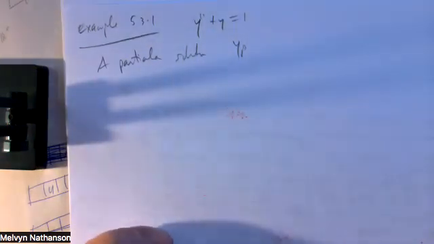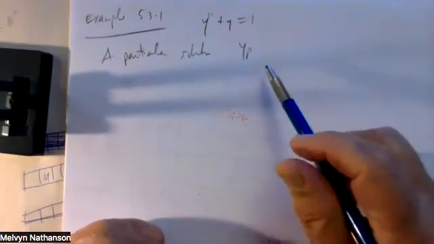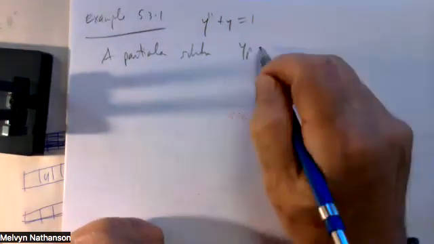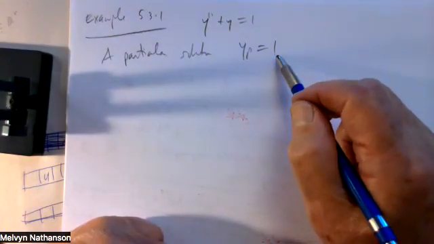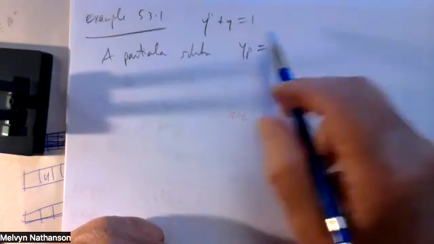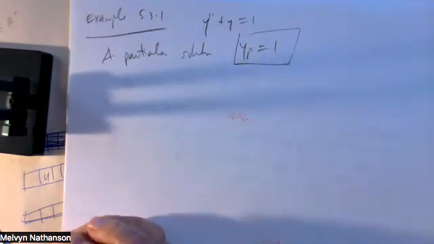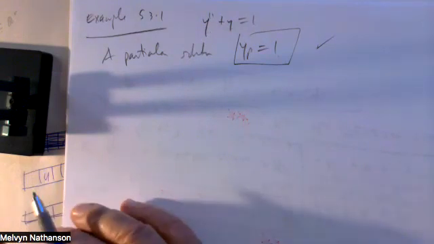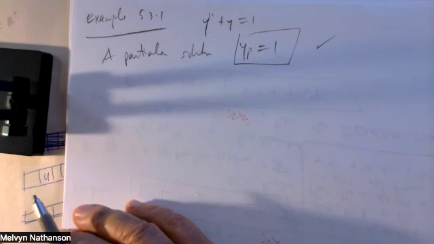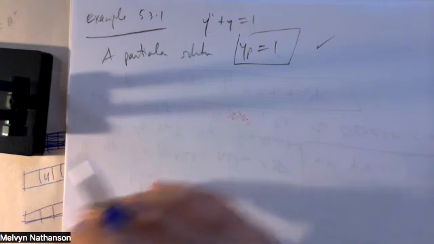Well, you could just take the constant function 1, because if you differentiate this twice, you get 0, and you get 0 plus 1 equals 1. So that's a particular solution. How did I find that? I don't know. No calculus, I guess.